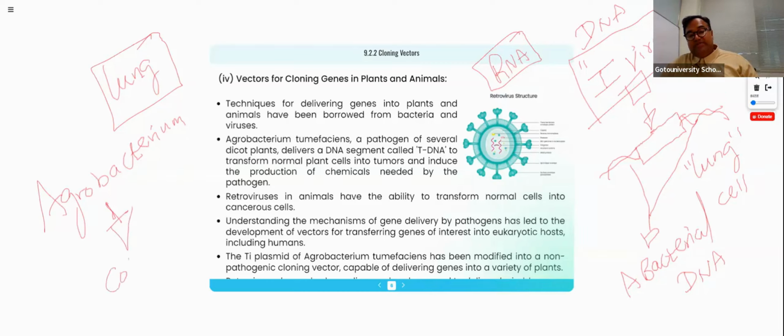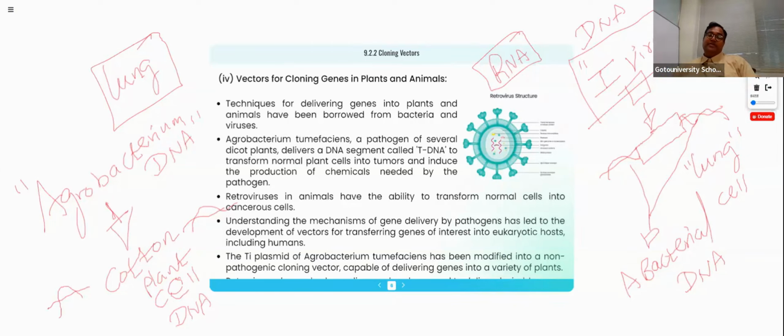Agrobacterium DNA is used to introduce the foreign gene of our interest into the cotton plant cell DNA.